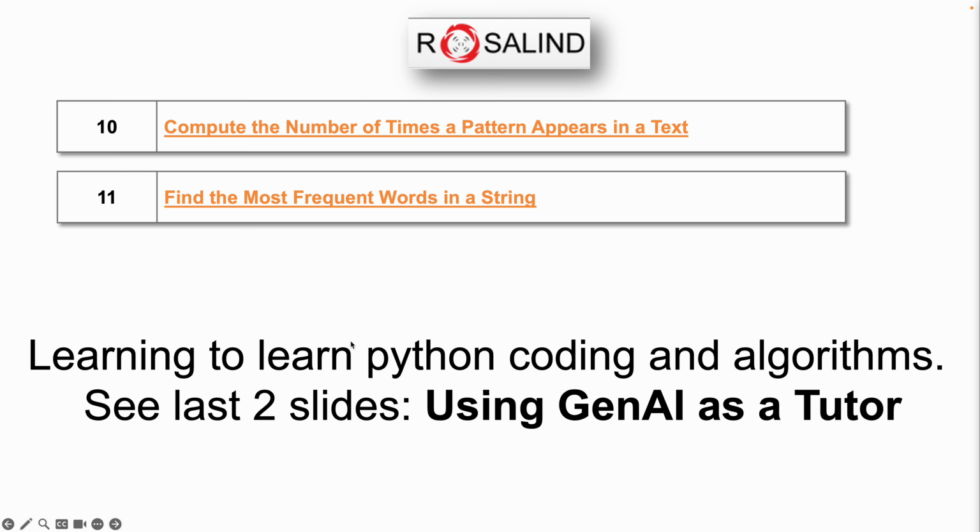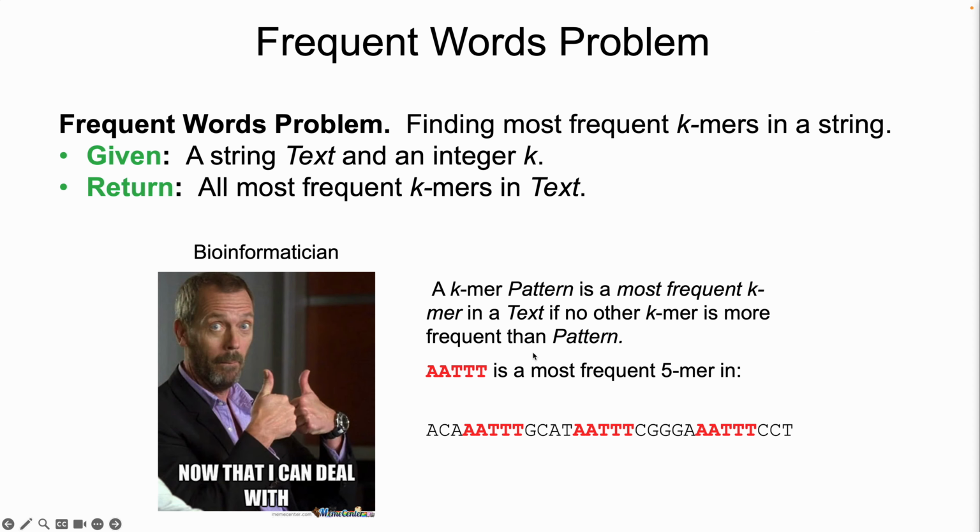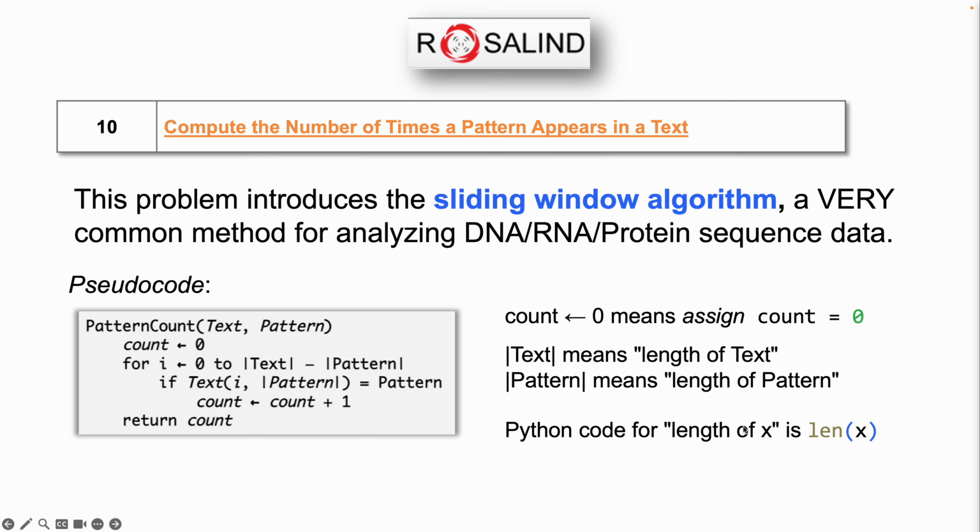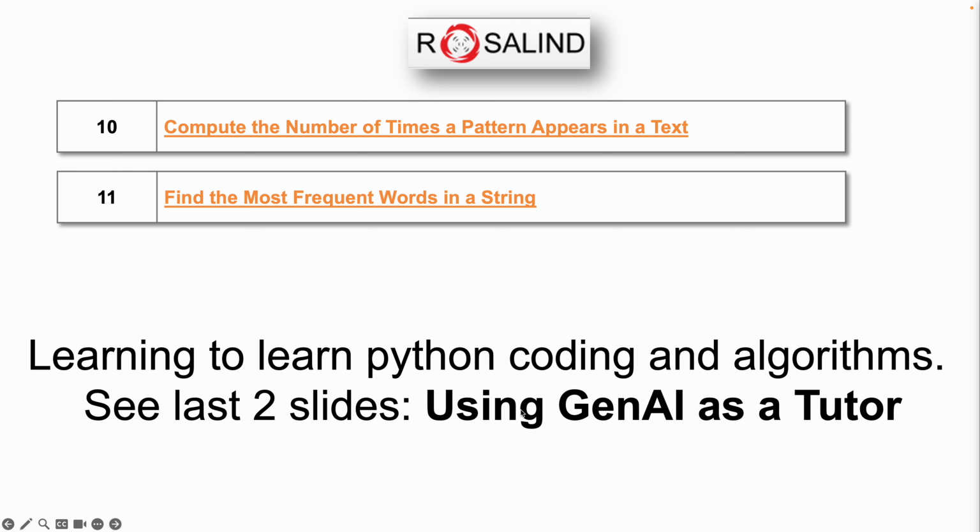The next step in that problem: number 10 will compute the number of times the pattern appears. So if you go back to solving this problem, it would say that given that pattern, it happens 3 times. The next step is to find the most frequent words. So what you'll have to do is go along the genome, find all of the k-mers that are 5 base pairs long, and then count them.